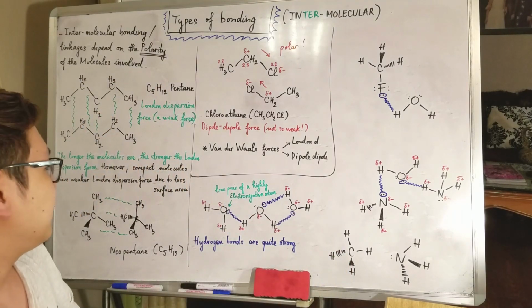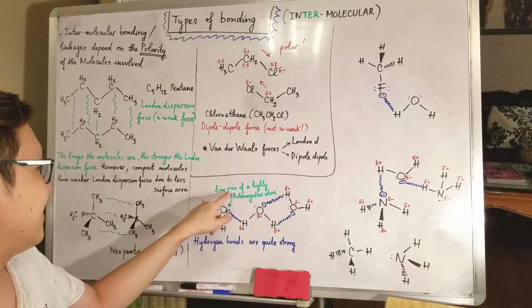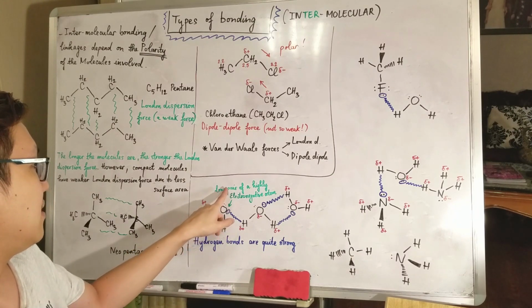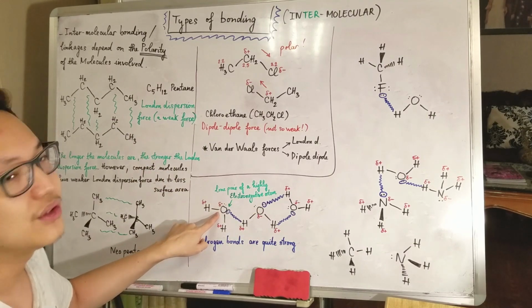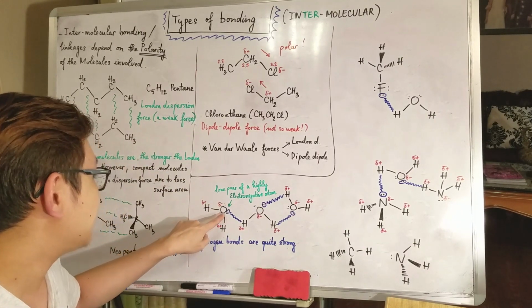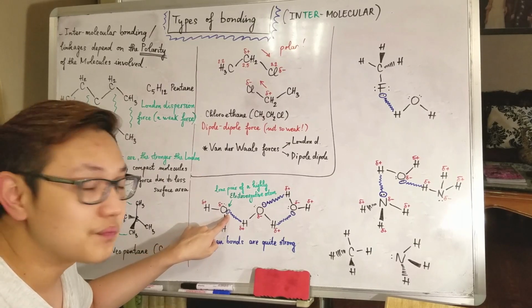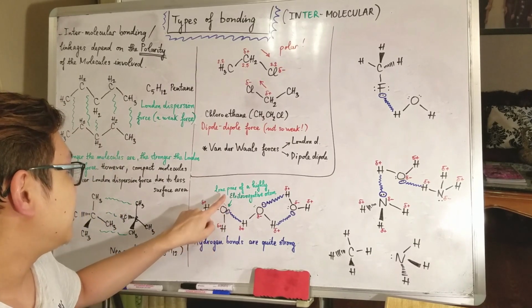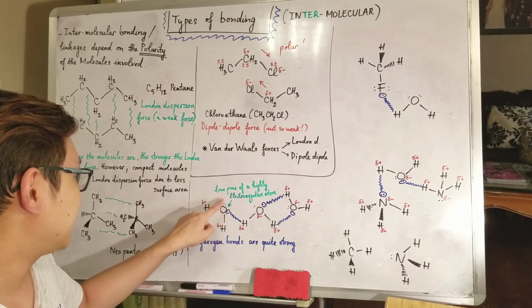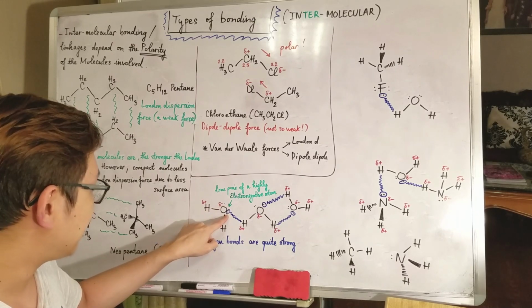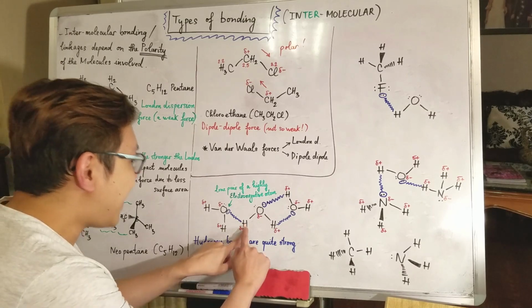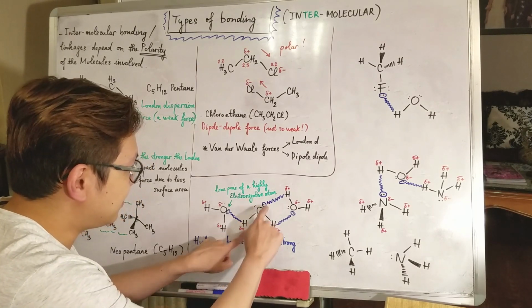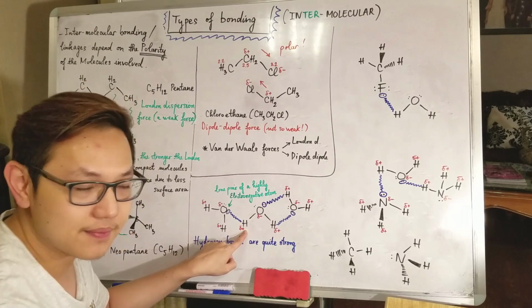So if you have a lone pair of a highly electronegative atom, like for example, an oxygen, 3.5. It has a lone pair, right? Okay, so this region will be negative, partially negative. And this lone pair will attract the hydrogen that is attached to another highly electronegative atom.